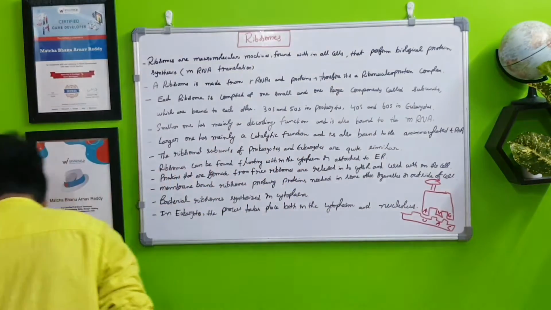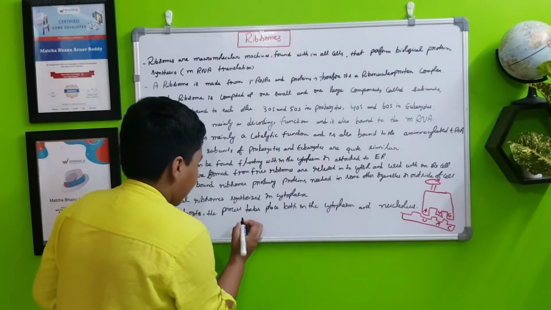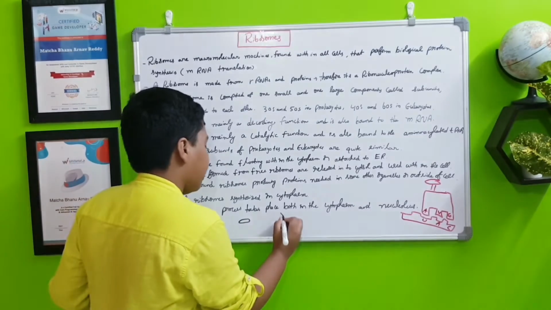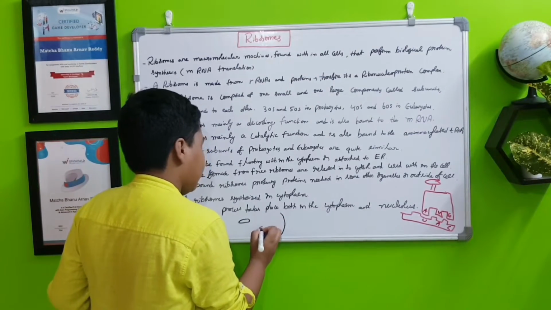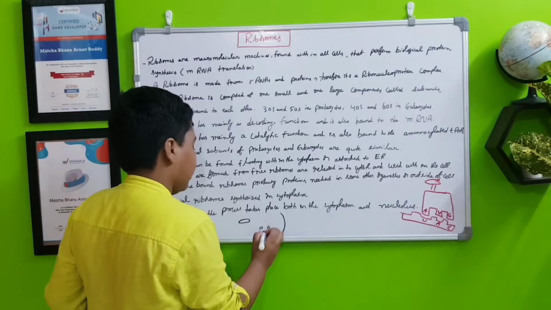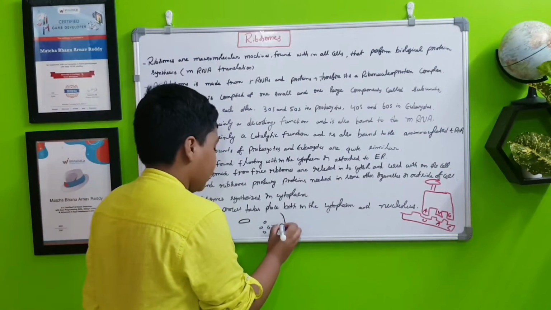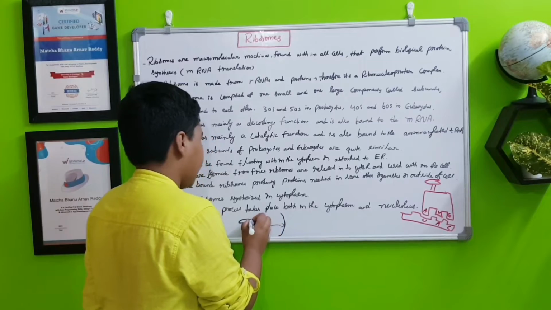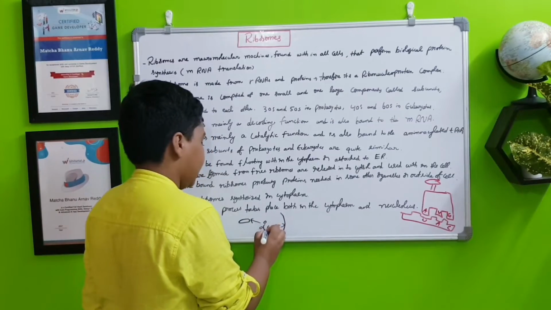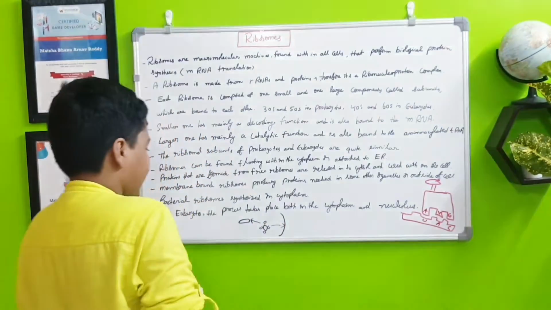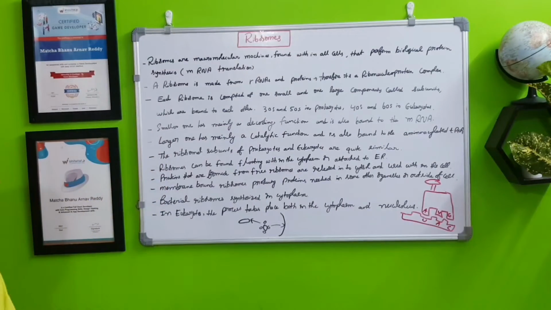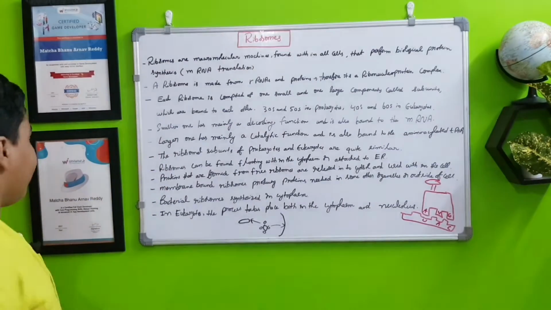That means they can be transported to other organelles or outside the cell. For example, these dots are the ribosomes. So it can be taken out or it can be taken here, and this is the endoplasmic reticulum. That looks beautiful.